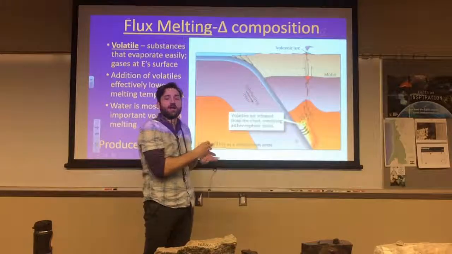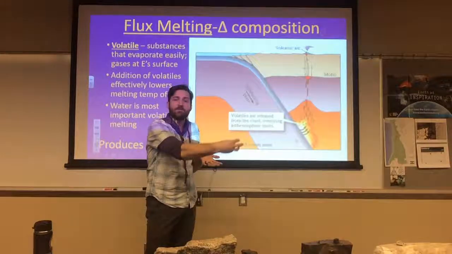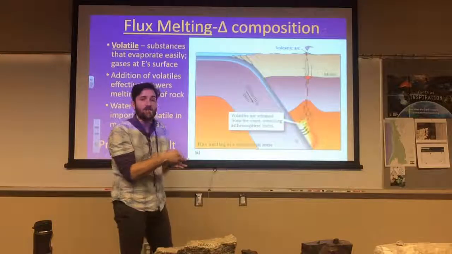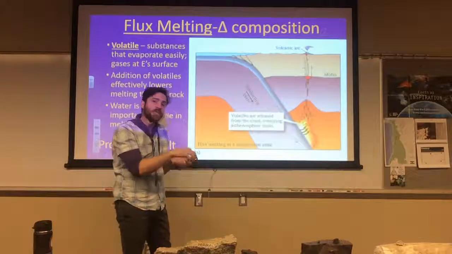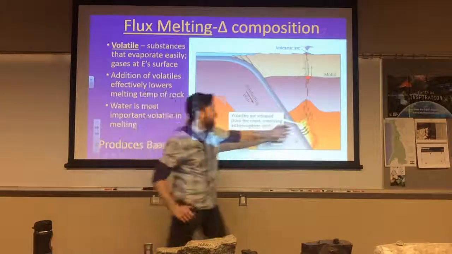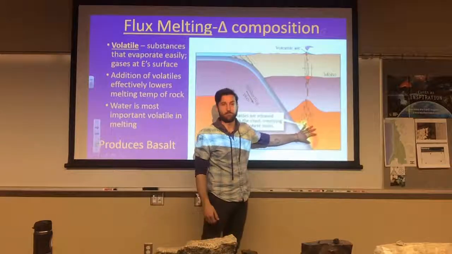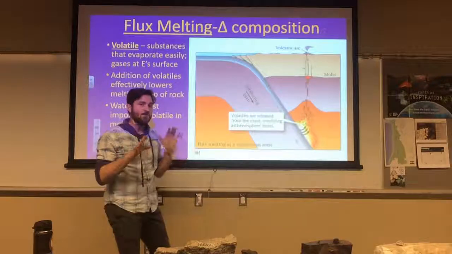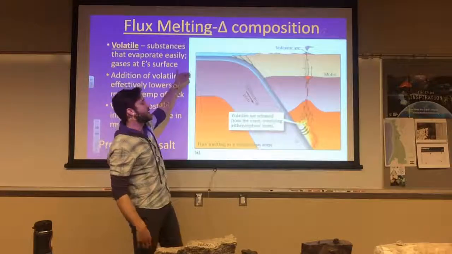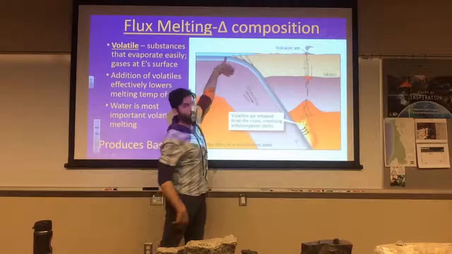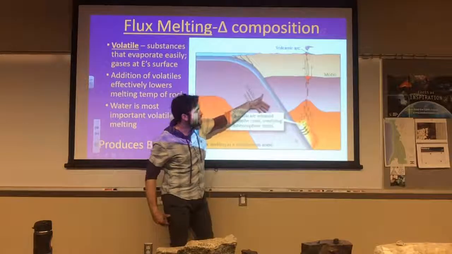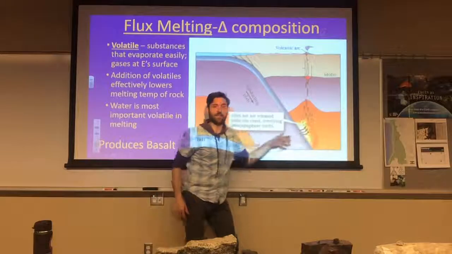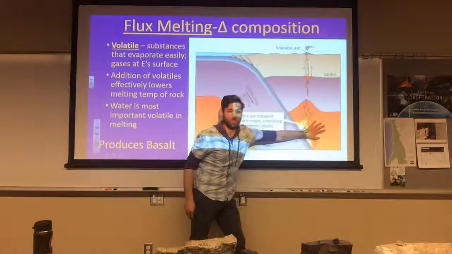It becomes free material away from the solids, and that causes then a lowering in the melting temperature of the surrounding mantle peridotite. Okay, so let's back up here a second. Again, what I'm saying here is the water that's coming down with this subducting plate is going into the mantle. It's dehydrating or being driven off into the mantle.